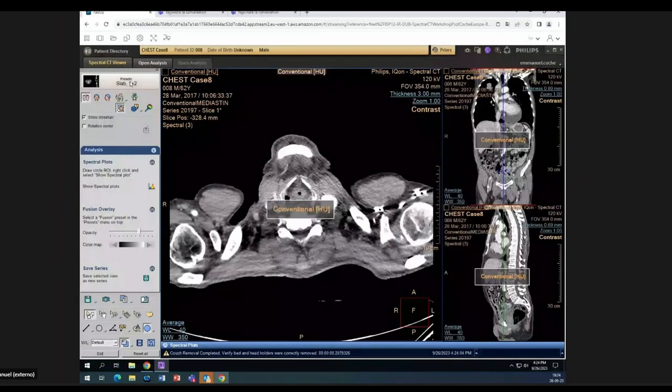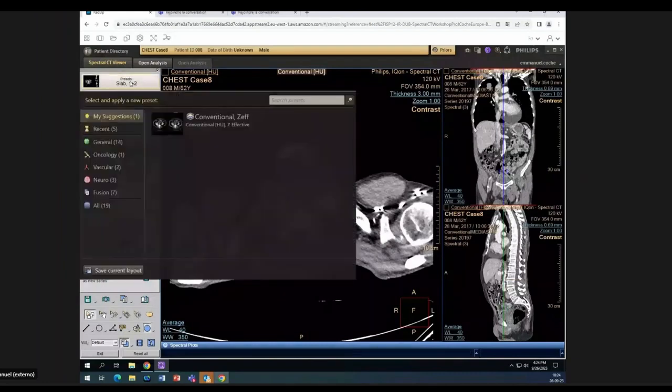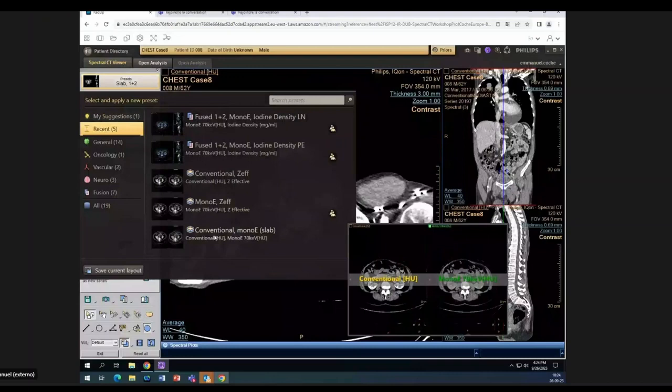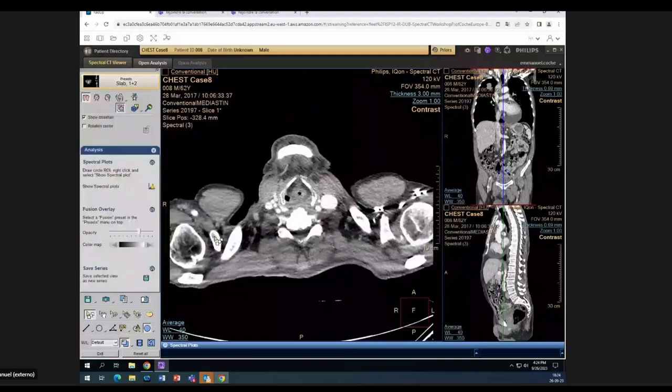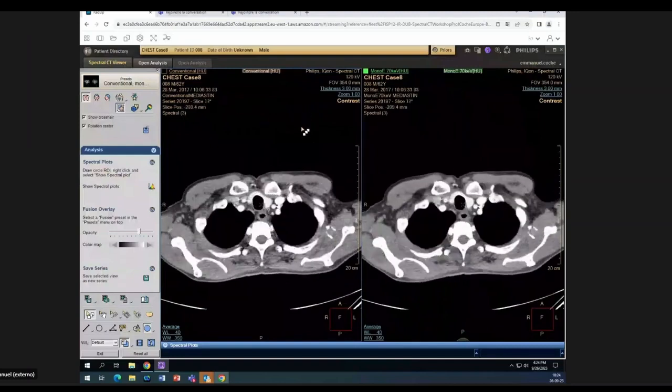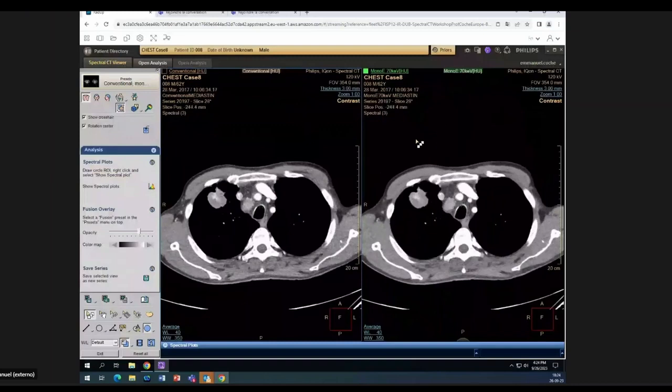So I invite you to go directly to recent box, and you go to conventional mono E. Here on the left side, you have the conventional view, and here you have the mono E viewing.